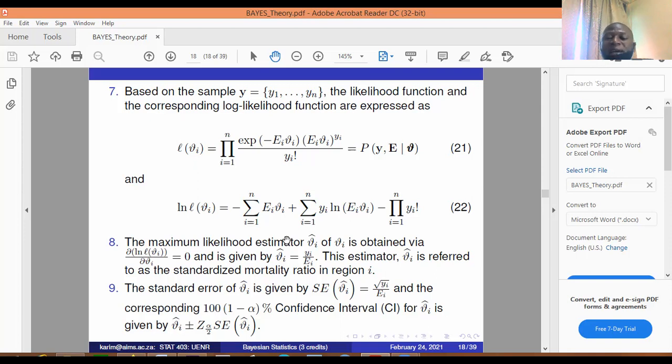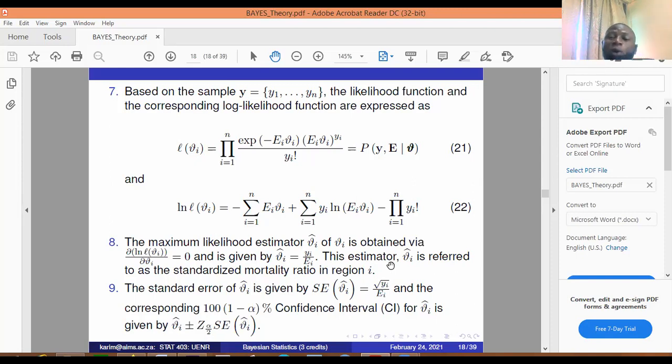So after taking the likelihood, you can decide to differentiate right away, or you take the natural log of the likelihood function, differentiate with respect to the parameters, equate to 0 and solve for your maximum likelihood parameters. That is what you know under the frequentist paradigm.